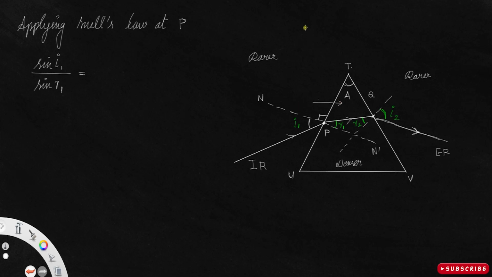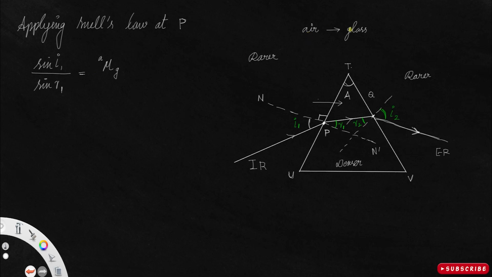That is, it is moving from air to glass. So we have to take the refractive index of glass with respect to air. We write it like this: mu of G with respect to A.